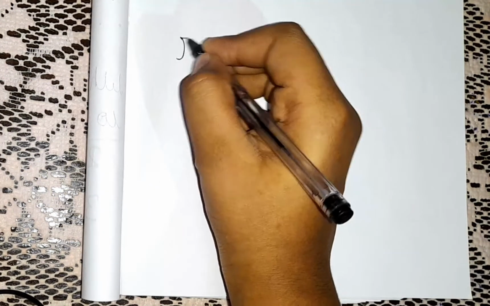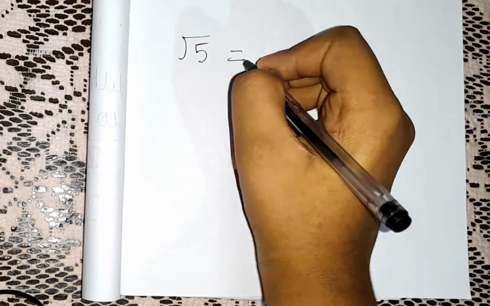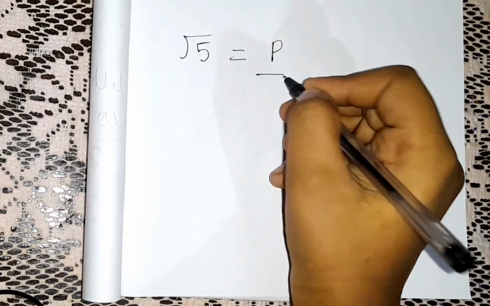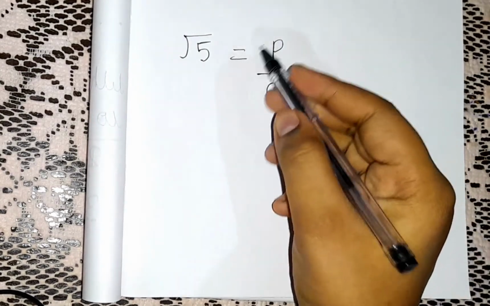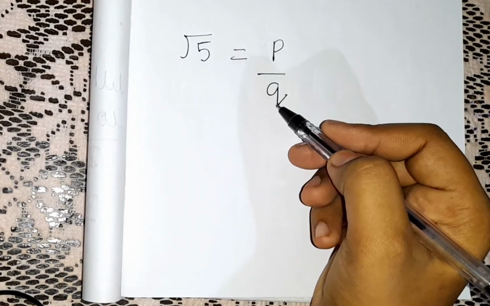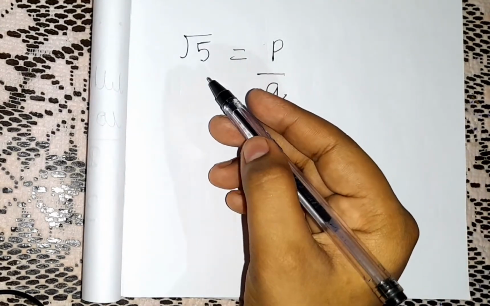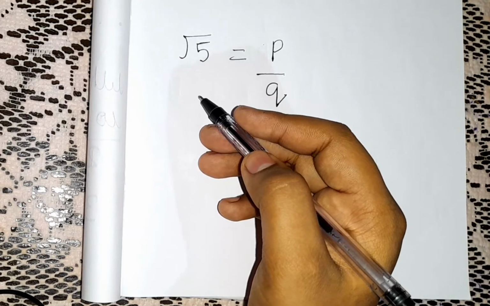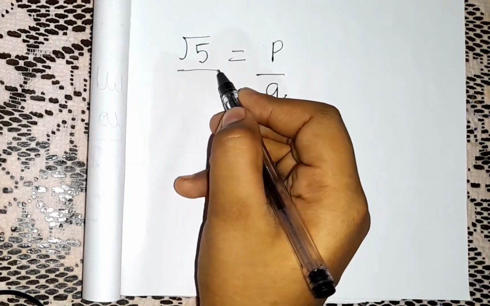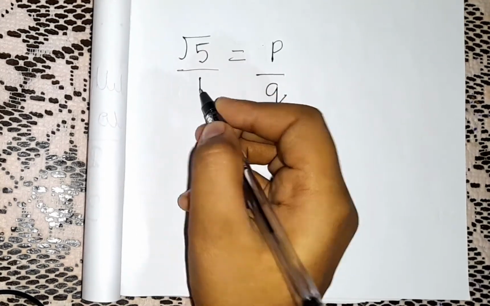So the form is root 5 is equal to P by Q. Here it is in the fraction form, so here also it has to be in the fraction form. That means we shall put 1 down here. If we don't have any number, we should take 1.